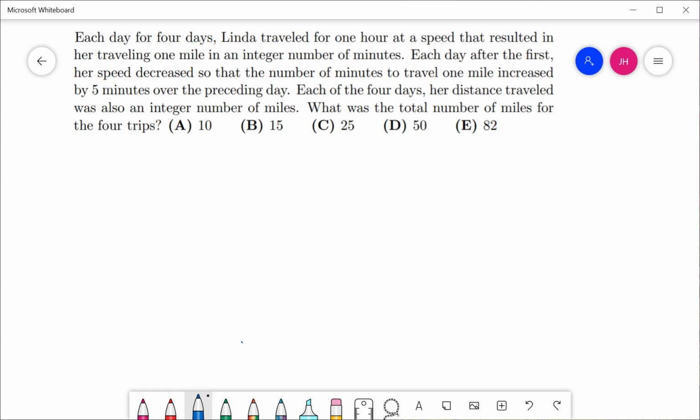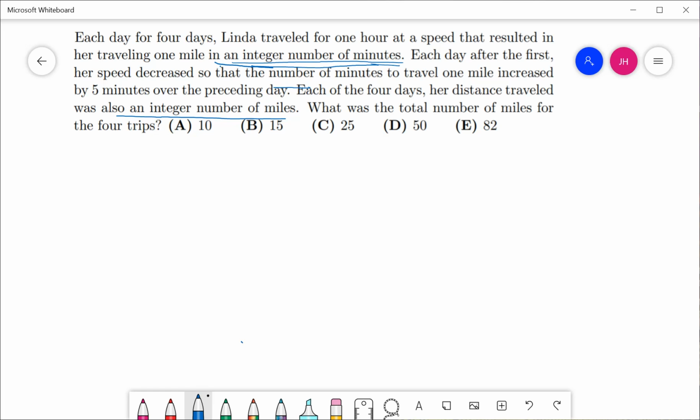Alright, I think the hard part of this problem is how to convert it to the math problem. So let's see. There are a couple of key points here. One is that she has to travel an integer number of miles. And also we know that for each mile she traveled, it has to take her an integer number of minutes.